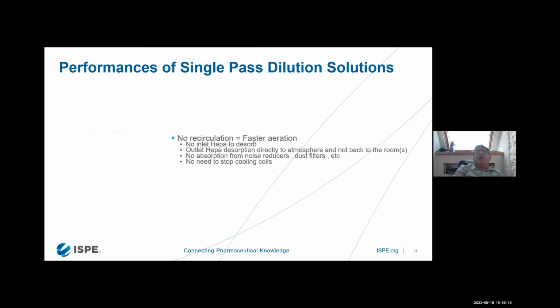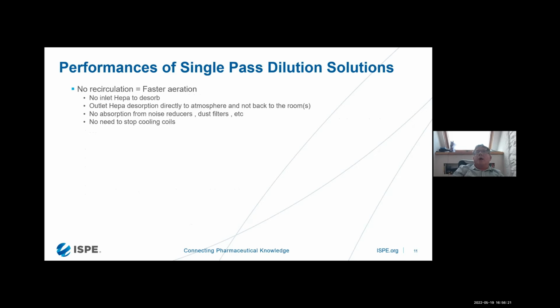So in terms of performance, if you don't recirculate, then we don't have the problem with any gassing technology: a lot of absorption with the filters, with the noise reducer in the HVAC. So this aeration, when we do this desorption, when we do recirculation, takes some time.